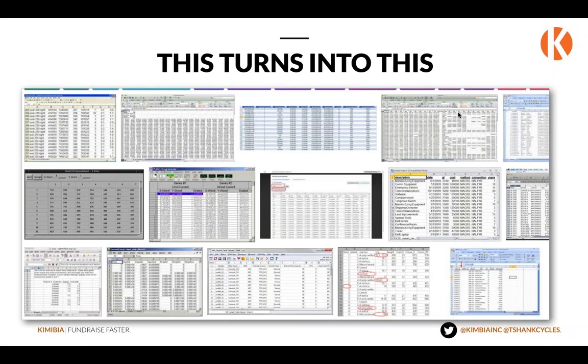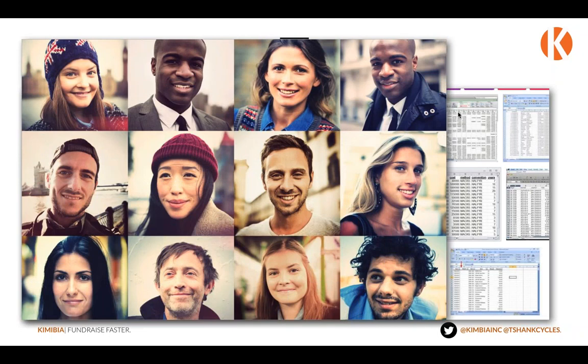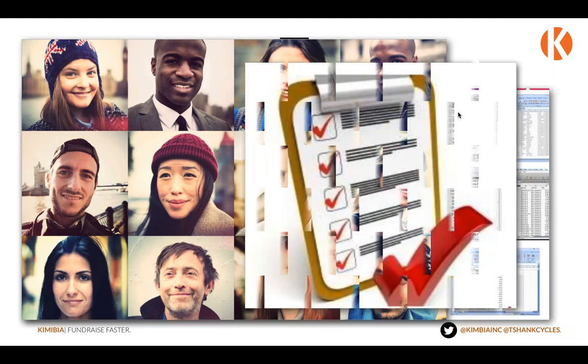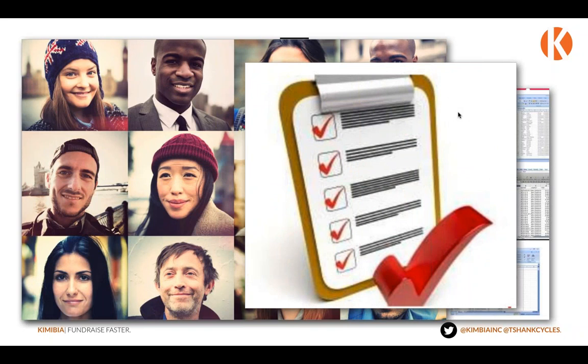What it does is it turns this spreadsheet, raw numbers land, into personas and into segments of real people, real donors. And it turns it into real action items based on those patterns of behavior.